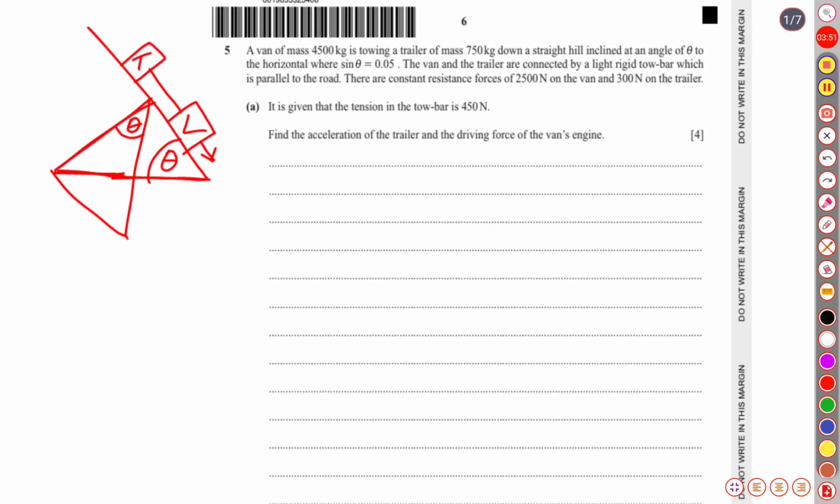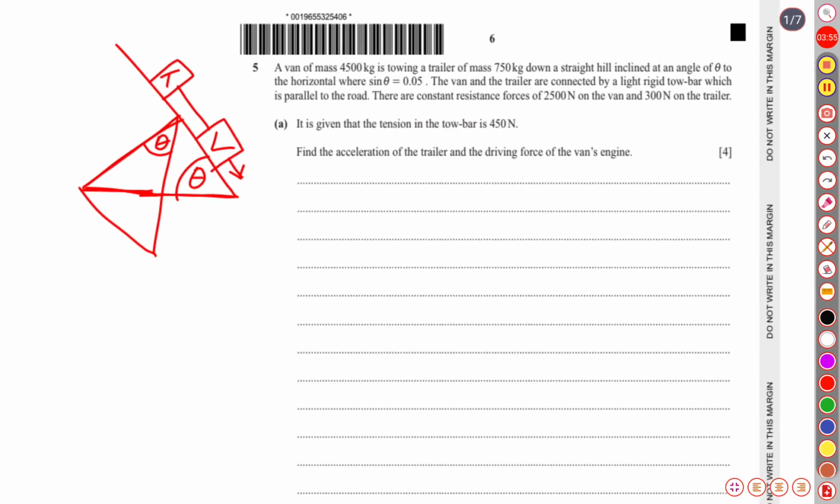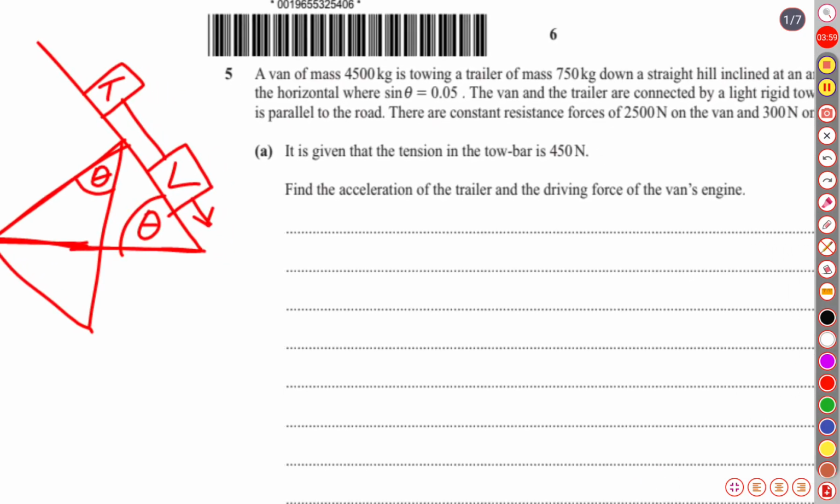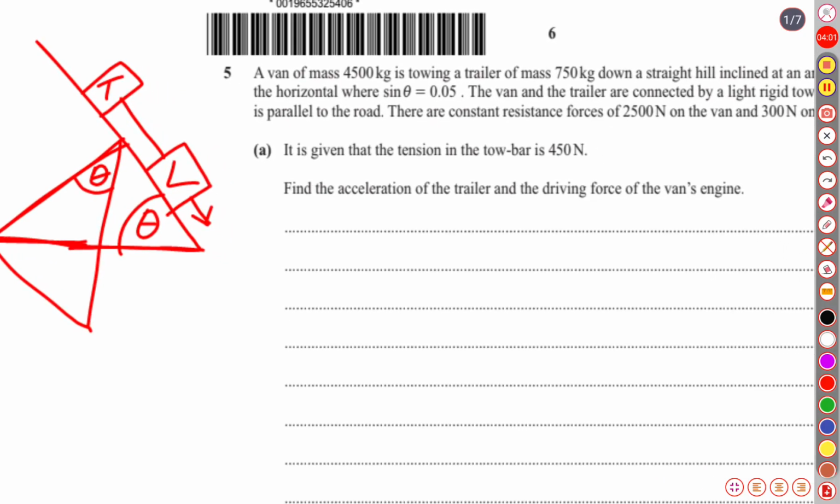From this diagram, first of all we should know which concept is to be applied here for solving this question. We know that for finding acceleration and the driving force there are two values missing. Is it only acceleration to be obtained, so only one equation is sufficient?